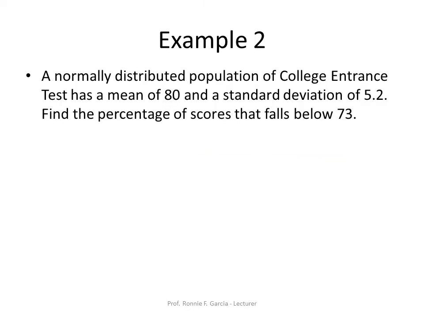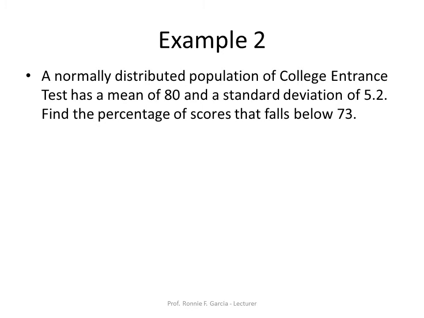Example number 2. This is a worded problem. A normally distributed population of college entrance tests has a mean of 80 and a standard deviation of 5.2. Find the percentage of scores that fall below 73. We don't have the z-score yet for this example because this is the data that we have gathered from our survey.